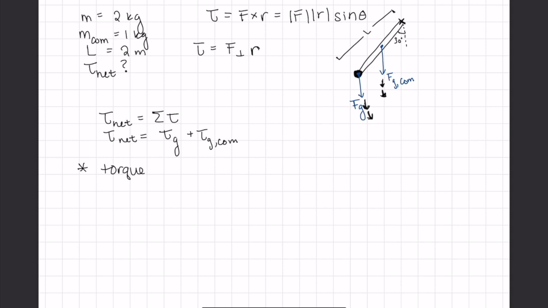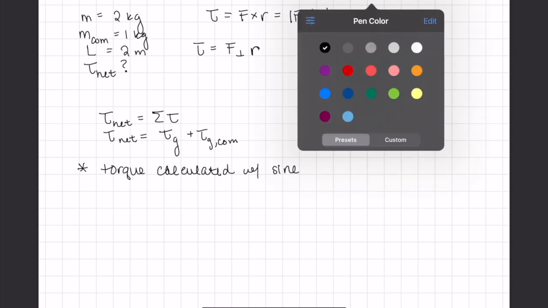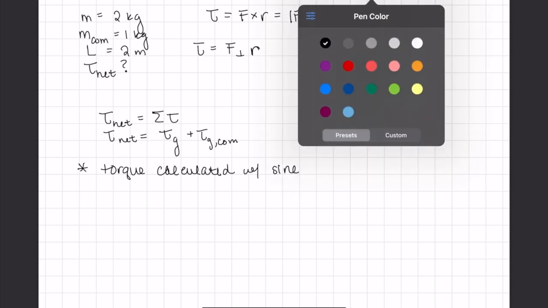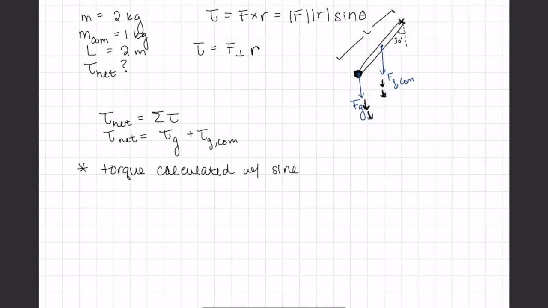Torque calculated with sine, and then I'm going to redraw a version of this picture so we can use the geometry to get the correct angle.